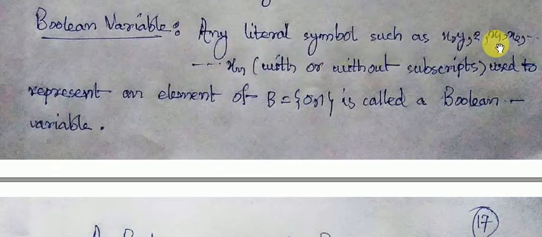These literal symbols are used to represent a Boolean variable. Why is this a variable? Because any one of these x, y, z or x1, x2, x3, so on, xn can take any one of these two values 0 and 1.